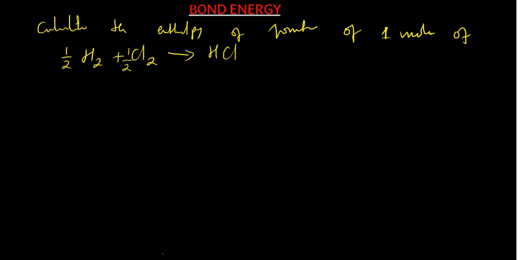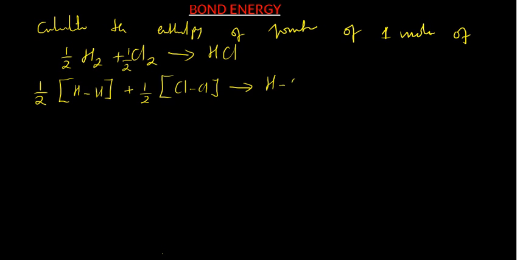Now at this point we can just rewrite this and say half. The bond between hydrogen is a single bond like this. A bond between chlorine is also a single bond like that. Now that is going to produce hydrogen chloride. The bond is H-Cl like that.